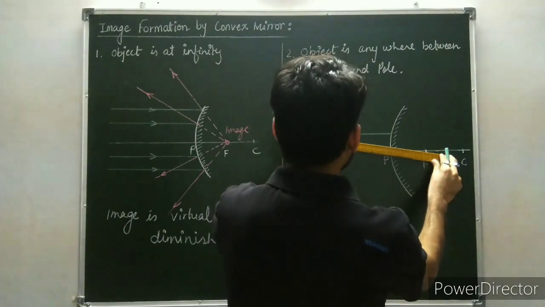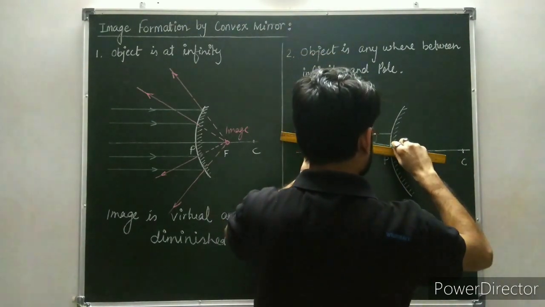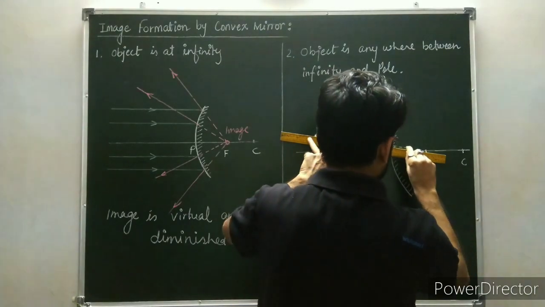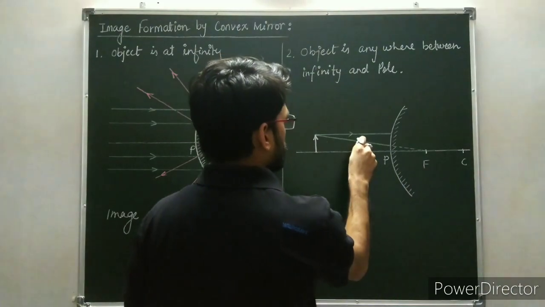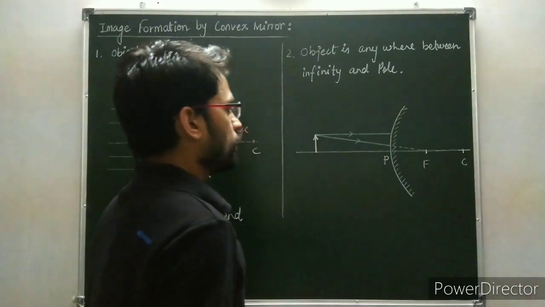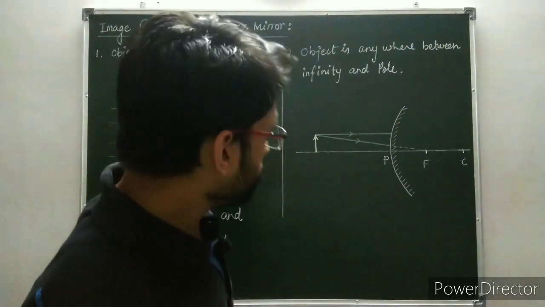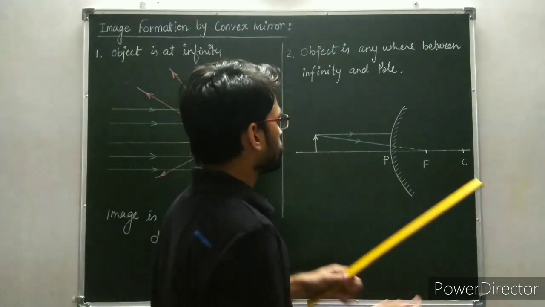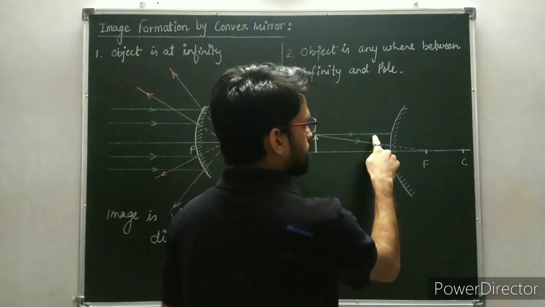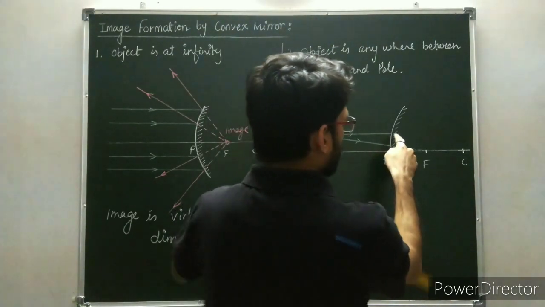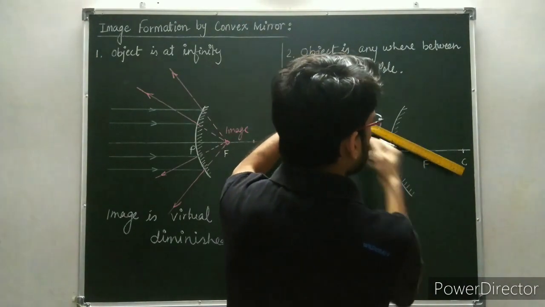We know that the ray which is parallel to the principal axis appears to pass through focus, or appears to come from focus.